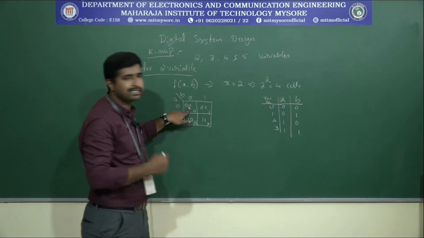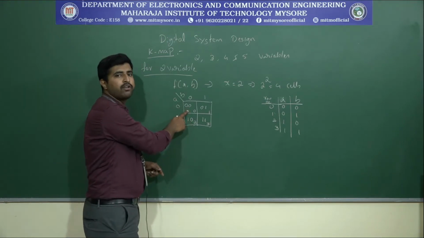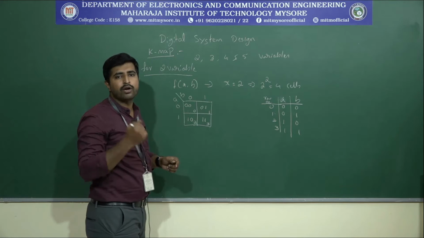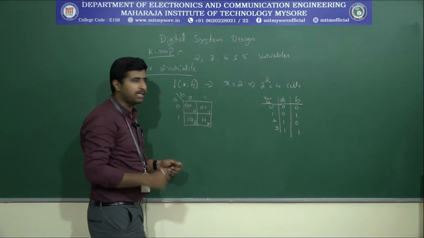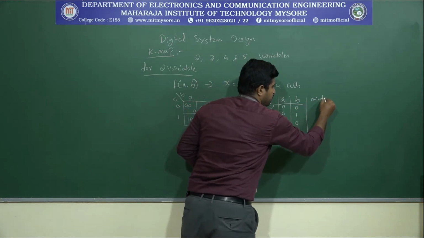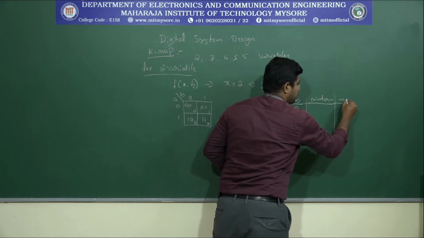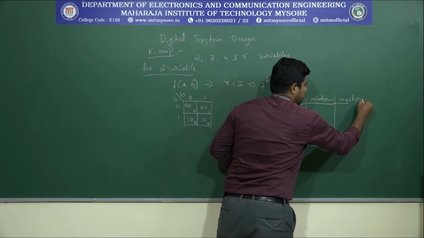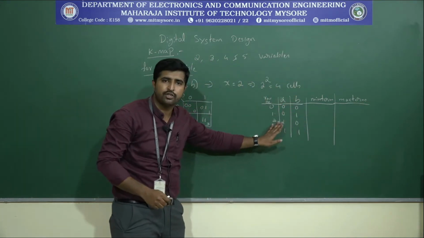So what I said is that the individual cells of the matrix will give the min term or a max term. That means here you can write a min term or a max term for this equation. So what are the min terms for this input combination 0 0?